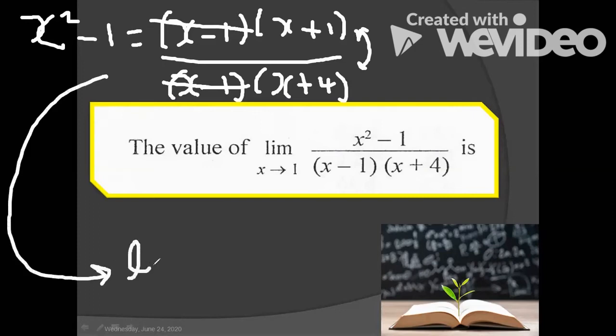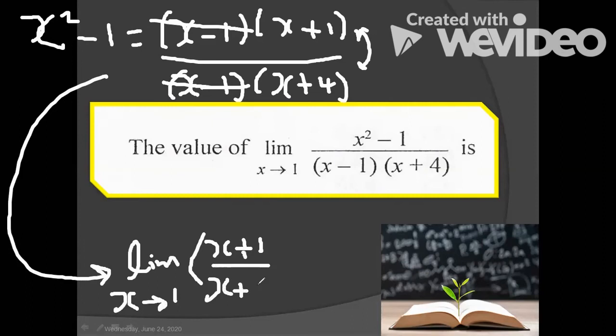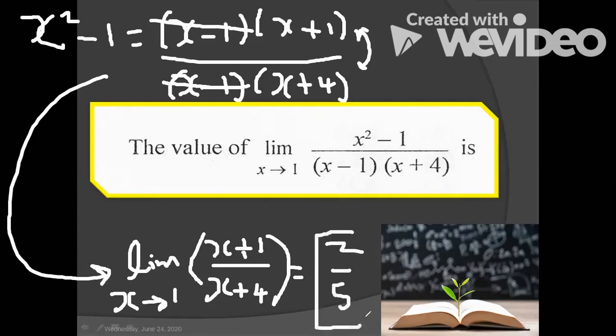So we have the limit as x approaches 1 of x plus 1 over x plus 4, and that's 1 plus 1, which is 2, and 1 plus 4 is what? 5. So the answer there is 2 over 5. Let's write back that 2 a little bit properly.